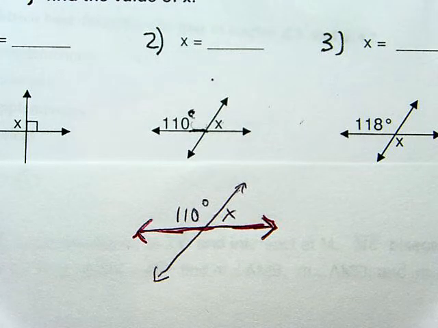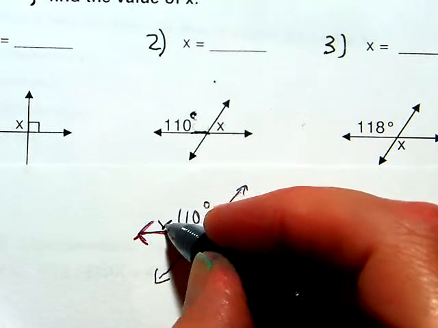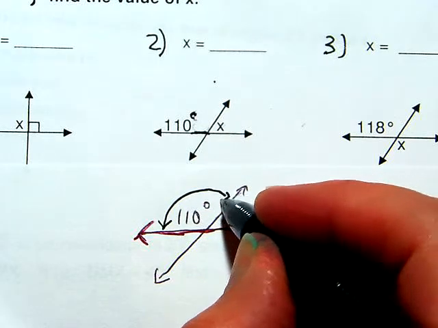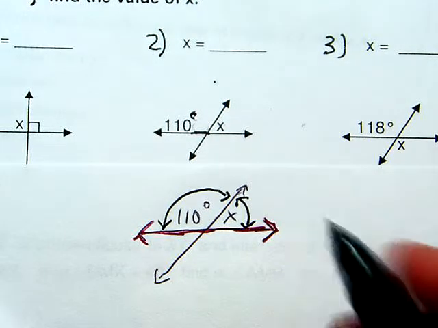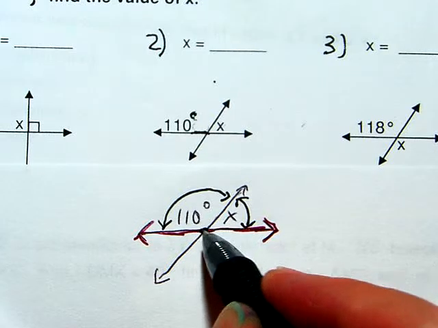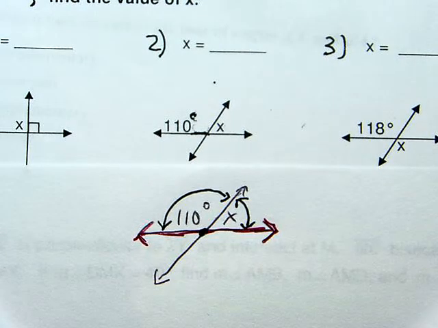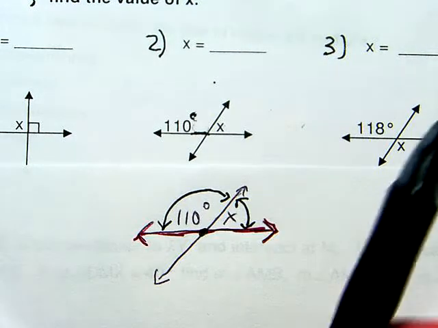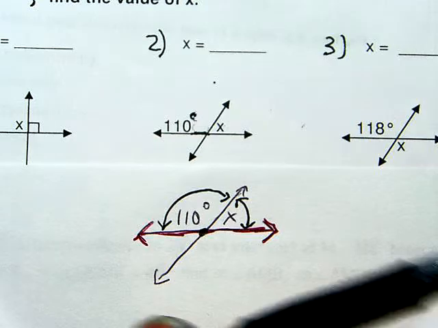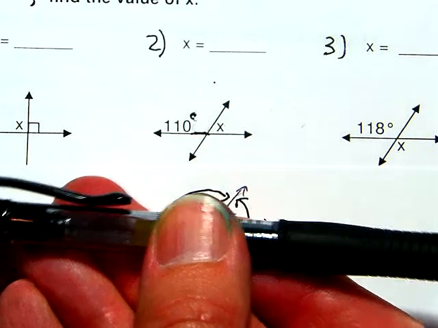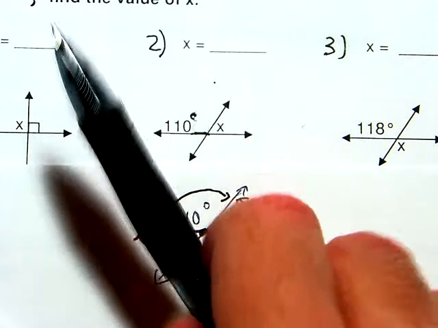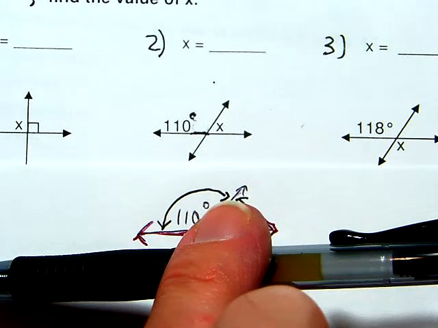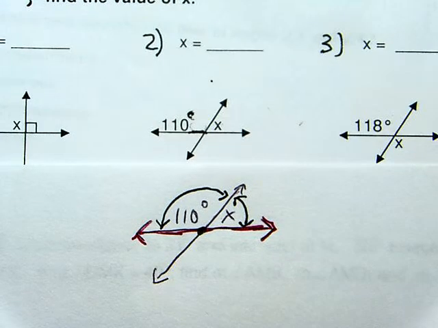And if you notice, this angle, that's 110 degrees, plus this angle that's x degrees, added together create this straight angle. Okay, so if you think about this as sort of rotating around, x degrees this way plus another 110 degrees this way gives you the straight line.